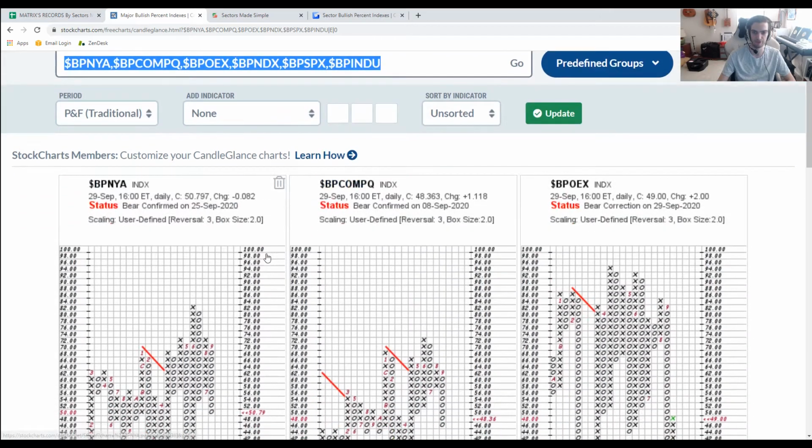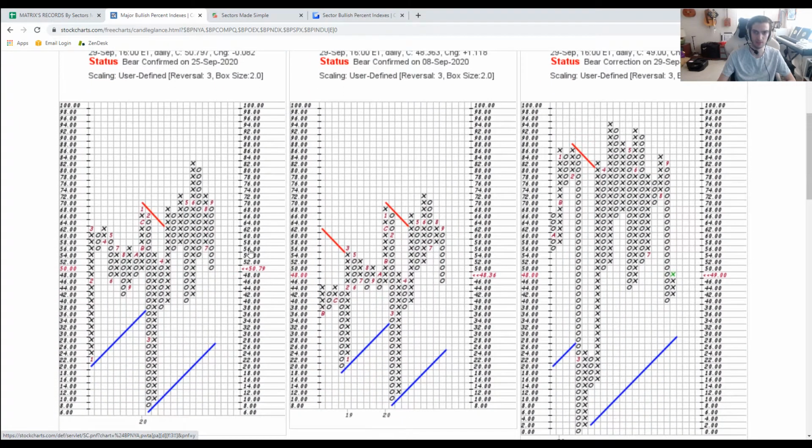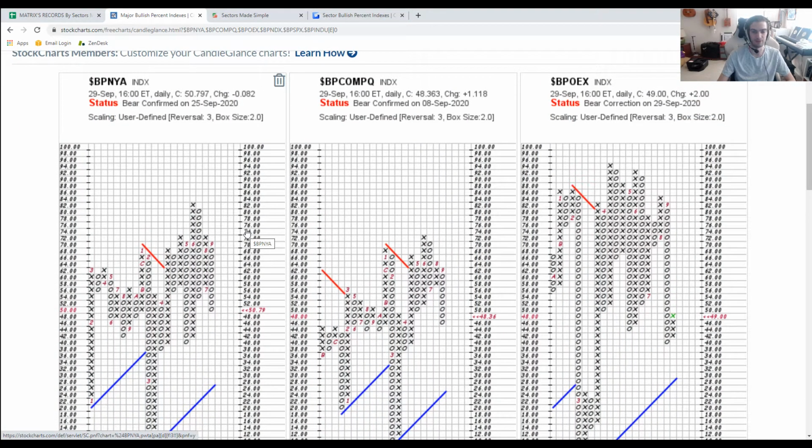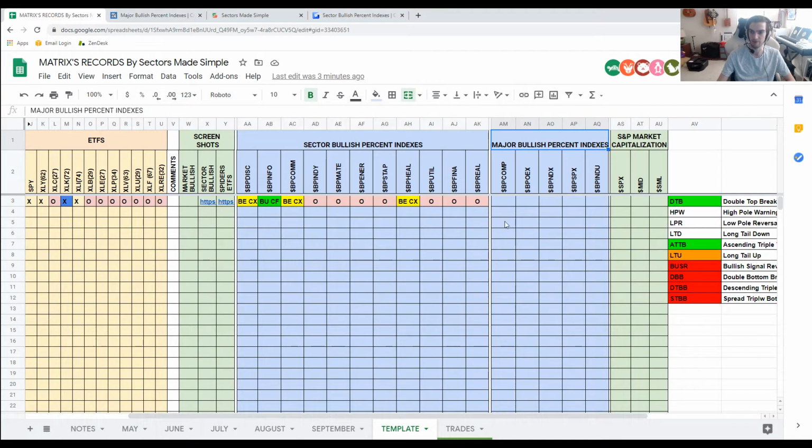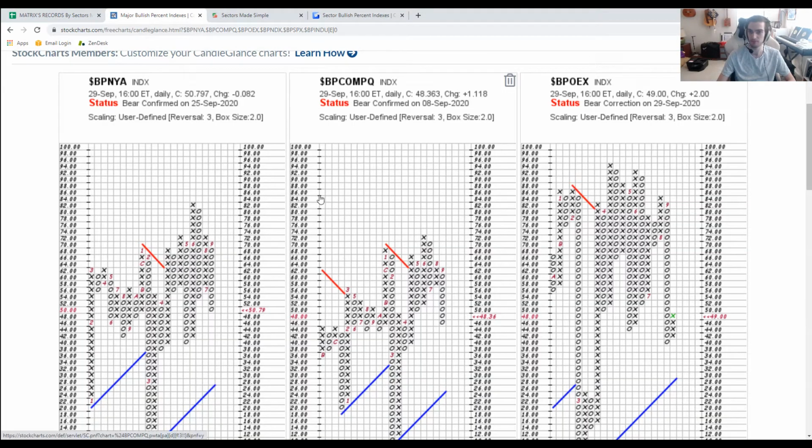We'll go to P&F traditional. And now we're going to do the same thing we just did for this, where we have BP Comp, which is the NASDAQ composite index, which is in a column of O's. Remember, first thing you check is the status. No new status from today, so we have a column of O's.